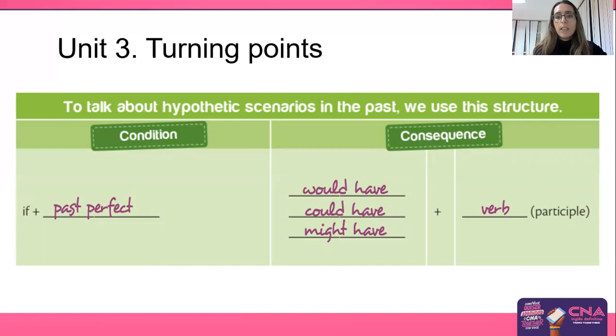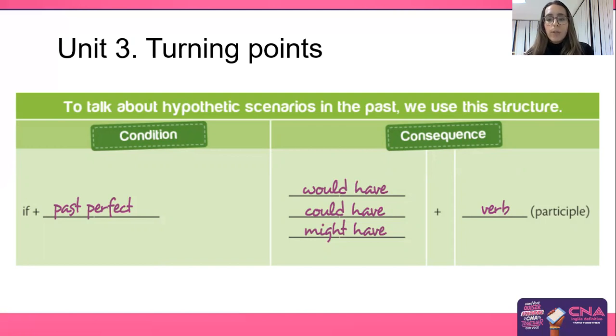It's something that could have happened in the past, but it didn't happen. Or I say, I would have been rich if I had studied more. So also hypothetical, a hypothetical scenario.